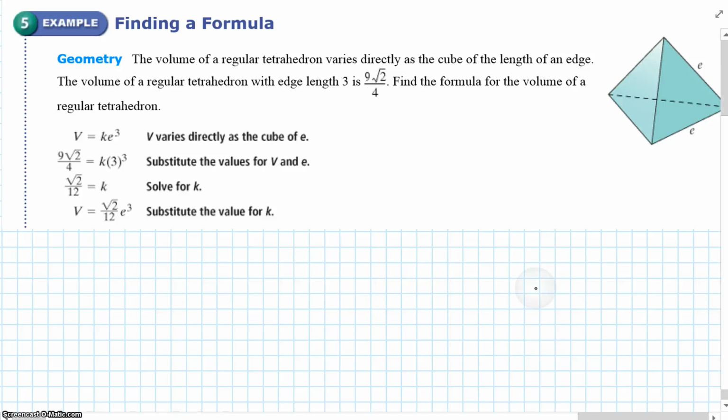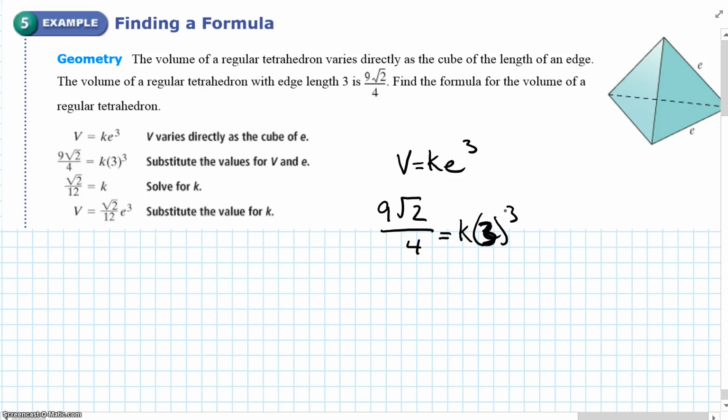So we can say V equals K E cubed. Okay, so we know the volume is 9 square root of 2 over 4, and we know E, the edge, is 3. So K times 3 cubed.